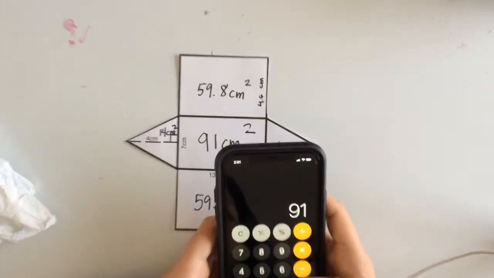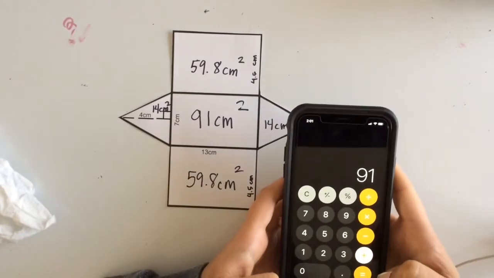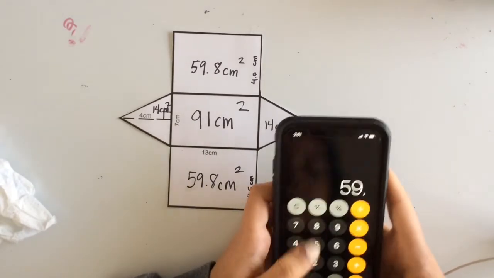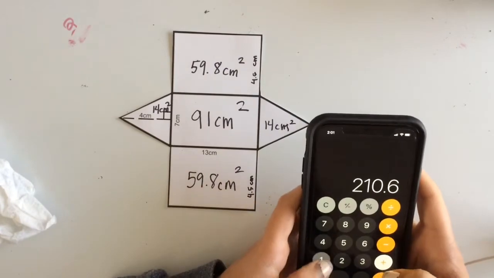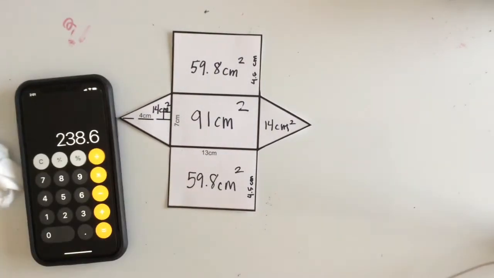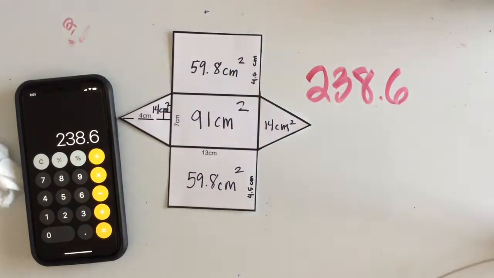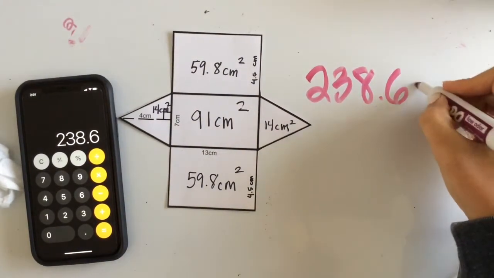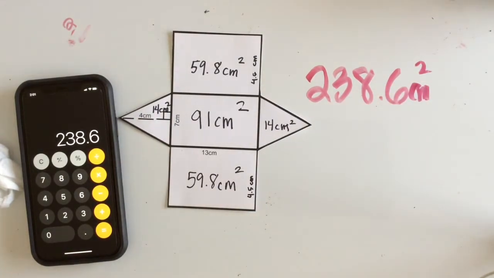So that's 91 plus 59.8 plus 59.8 plus 14 plus 14. That equals 238.6 centimeters squared. Okay, so that is the area of this composite figure.